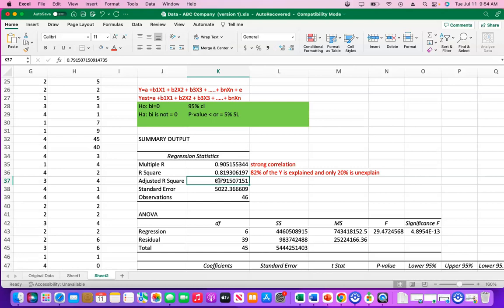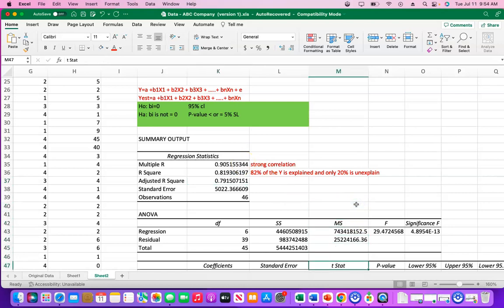But still 79% is explained, and only the remaining part is unexplained. So in this case, I would say that our regression, or our estimation, is good.